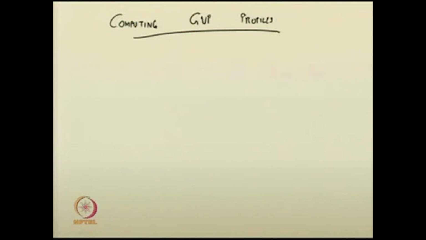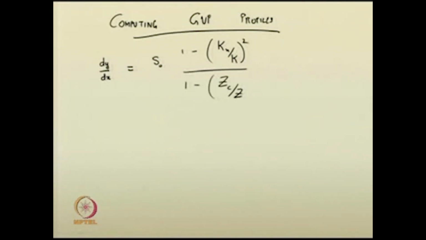So, let me recall the dynamic equation for gradually varied flow. dy by dx is equal to S0 times 1 minus (Kn by K) whole squared, divided by 1 minus (Zc by Z) whole squared.